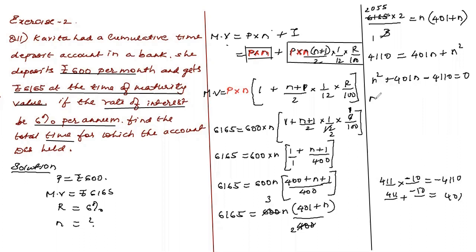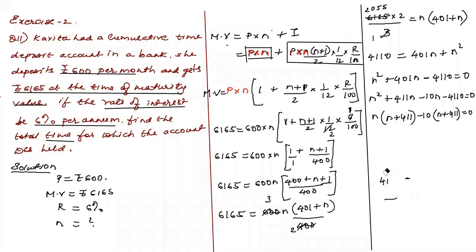So what happens here? n square plus 411n minus 10n minus 4110 equals 0. So n into (n plus 411) minus 10 into (n plus 411) equals 0. So simple, children, so easy.